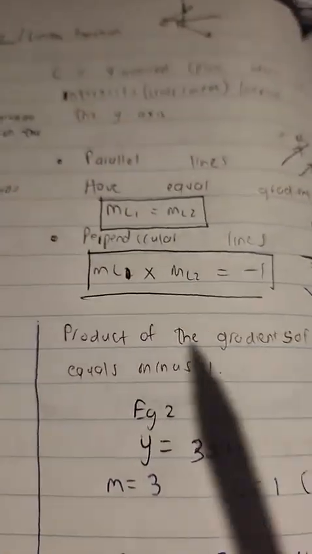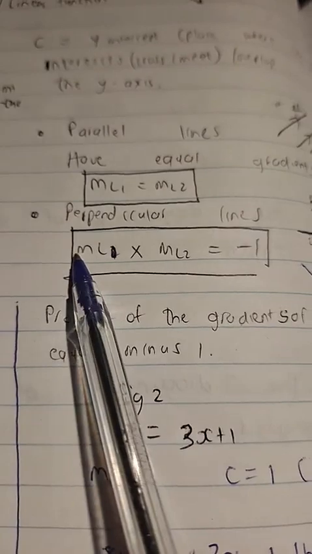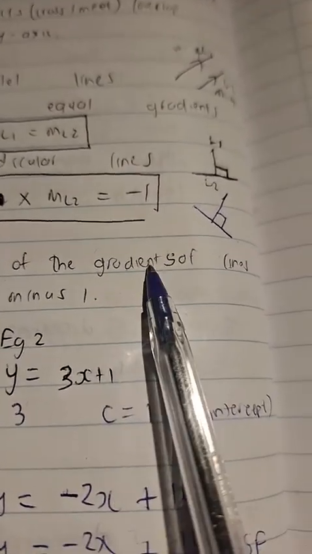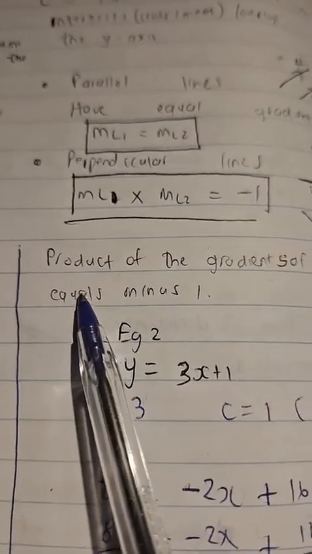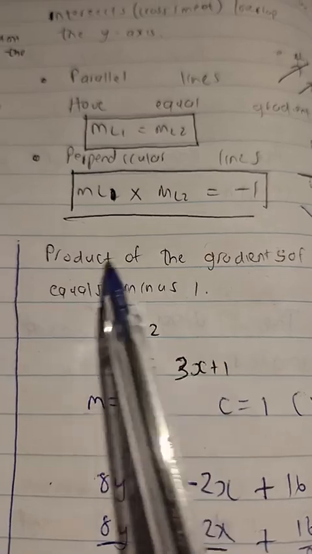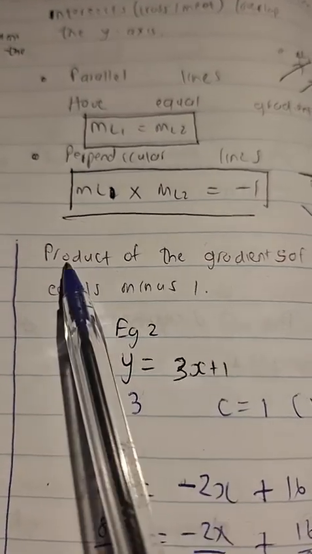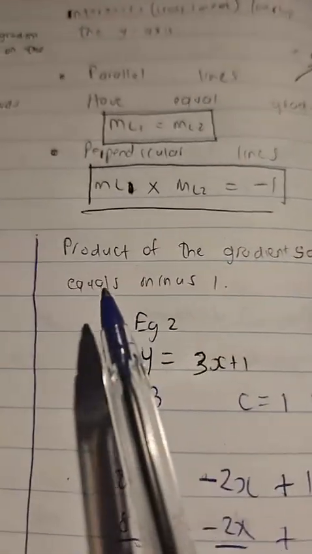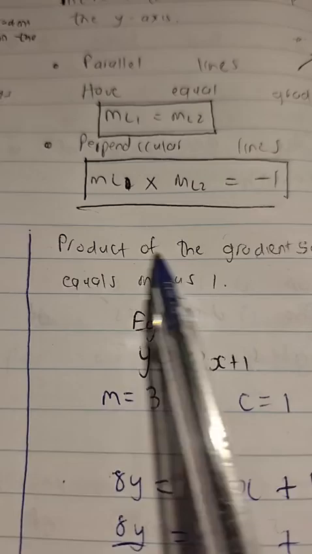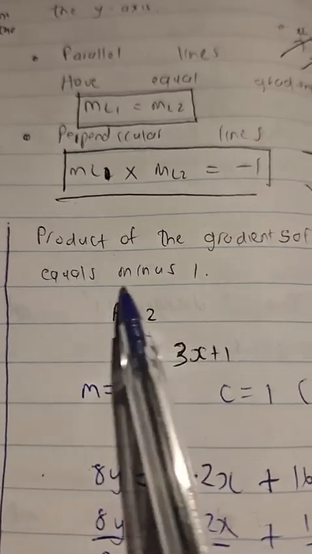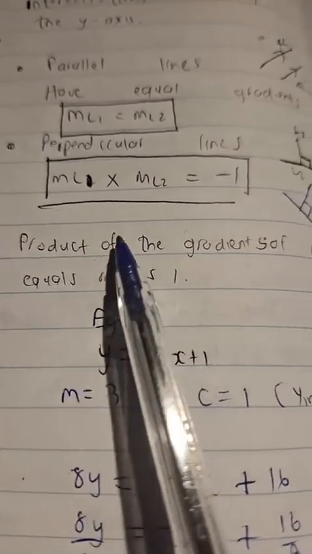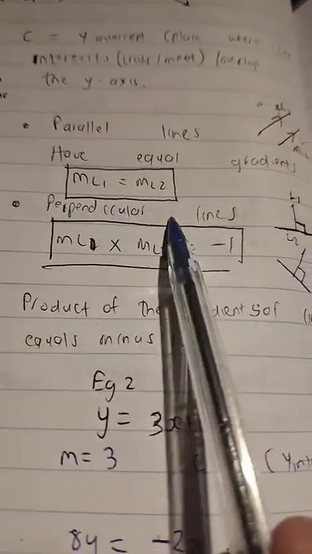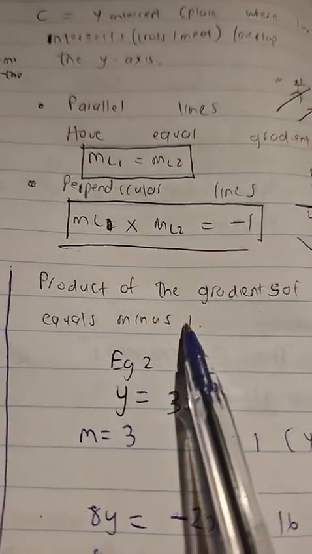Now if we look at perpendicular lines, we are told that the product of the gradients of lines that are perpendicular equals -1. I repeat, the product of the gradients of perpendicular lines will equal -1.